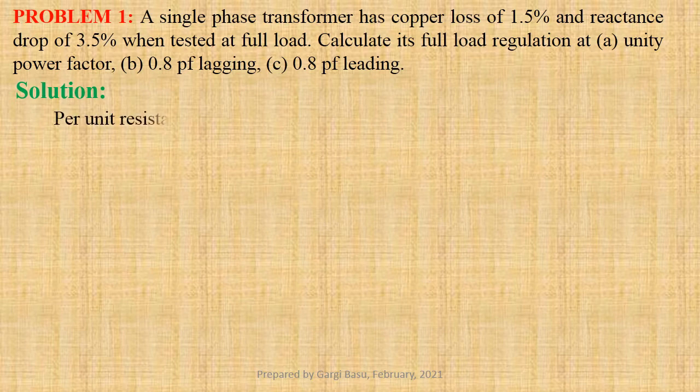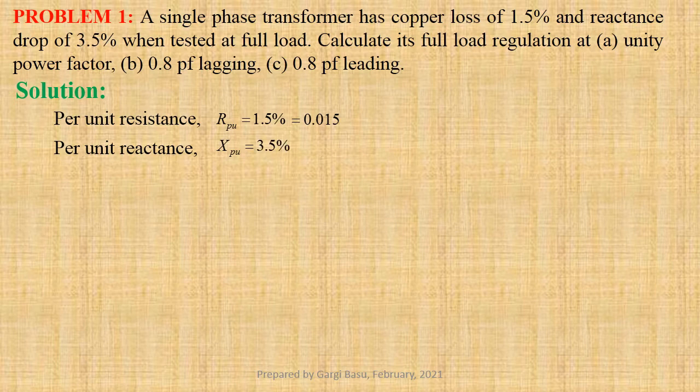Per unit resistance R per unit equals 1.5%, that is equal to 0.015. Per unit reactance X per unit equals 3.5%, that is equal to 0.035.